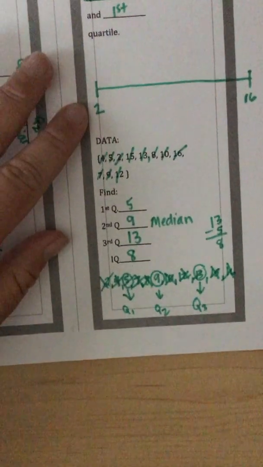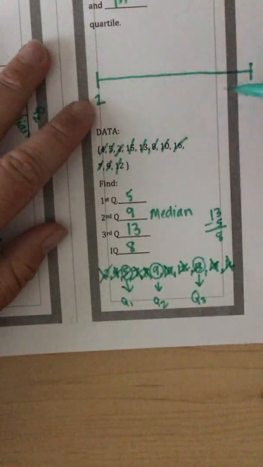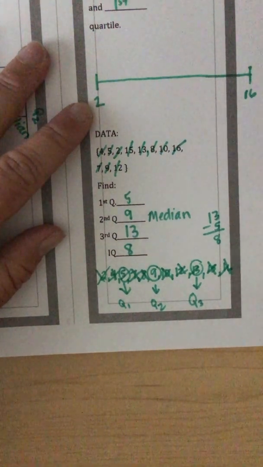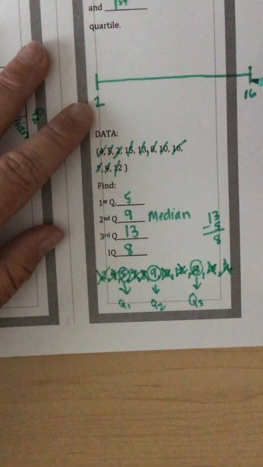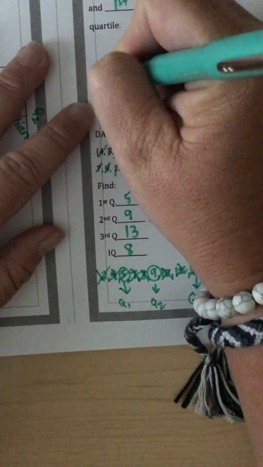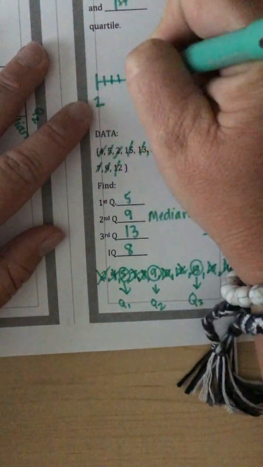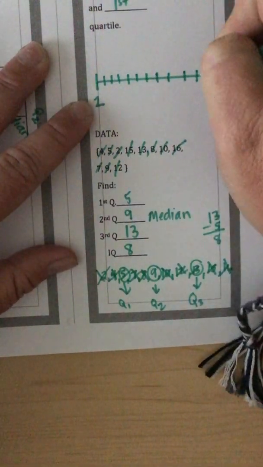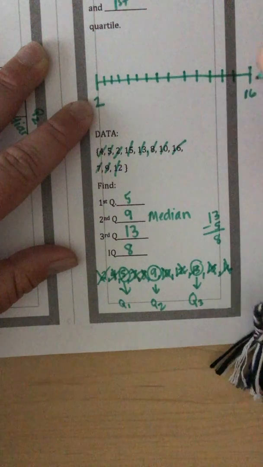All right, so now I need to go in and put my numbers in. So I would need 14 tick marks. So 4, 5, 6, 7, 8, 9, 10, 11, 12, 13, 14, 15, 16.